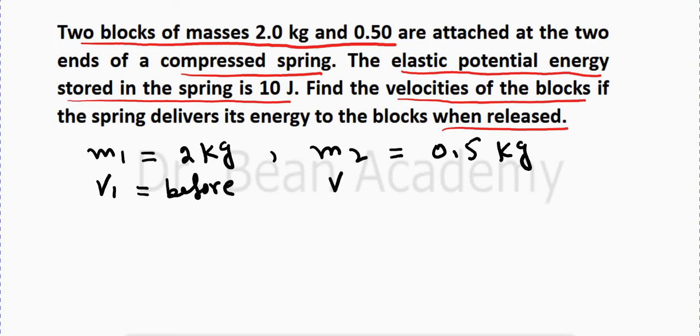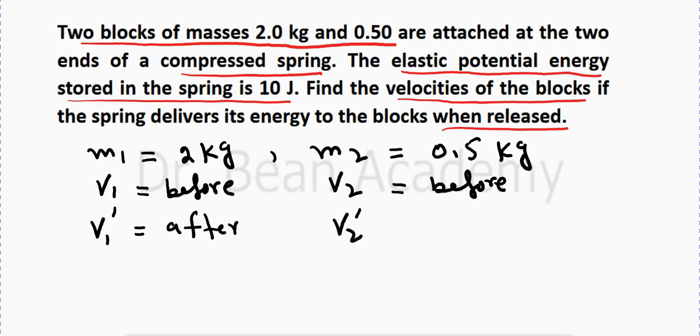Similarly for mass m2, v2 is the velocity before the event. Then we assume that v1 prime is the velocity after I release the forces from the sides. Similarly, v2 prime is the velocity after the event. This data is very important.